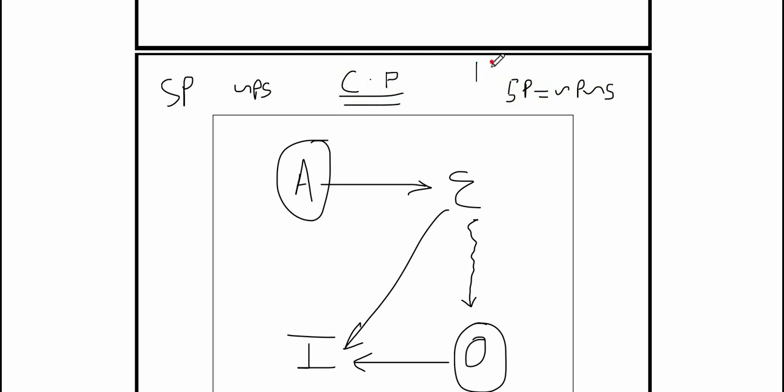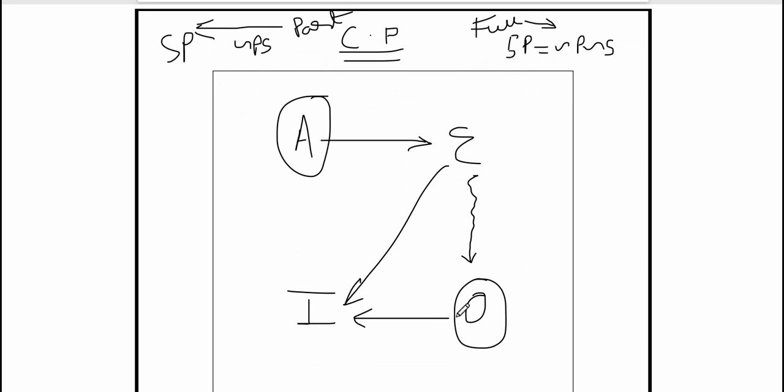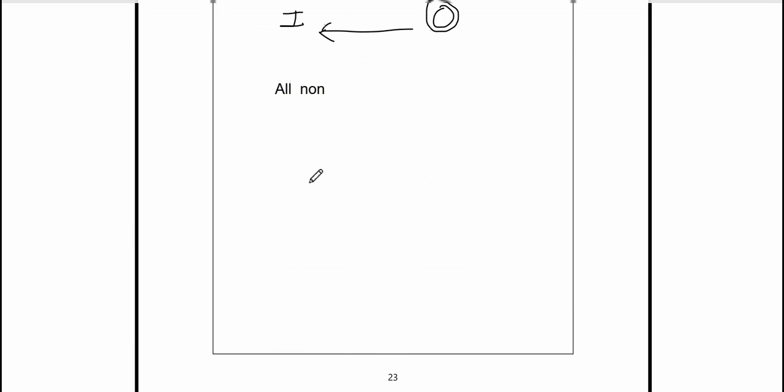This side is full and this side is part or partial. And this is full. So we drew the diagram immediately without any difficulty, and we know the circle stands for full contrapositive. E goes to O. A remains in A, O remains in O. Now let's come back here.